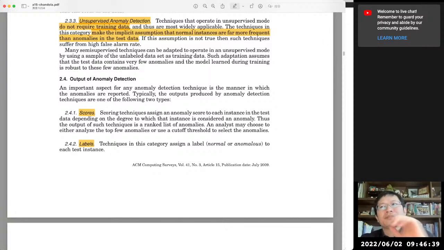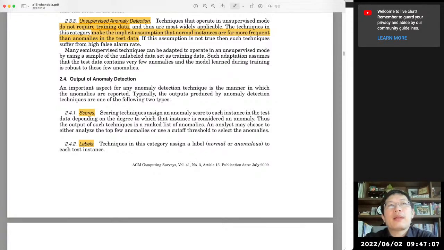So in this case, we don't have labels. We just have a bunch of data, a lot of data points. We don't know which one is normal and which one is abnormal. But the assumption is that in this data set, the normal instances are far more frequent than the anomalies.